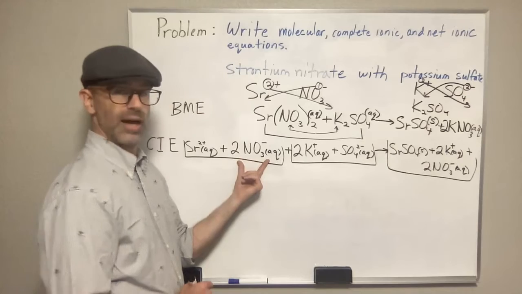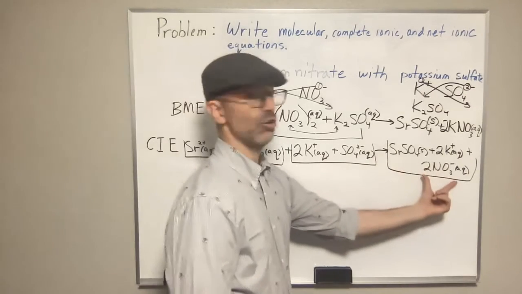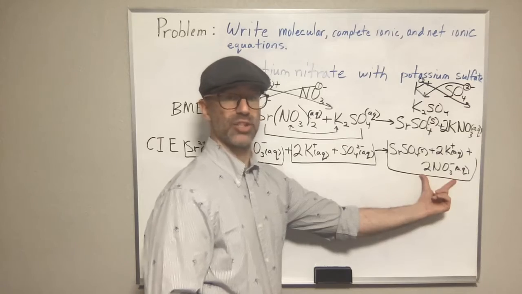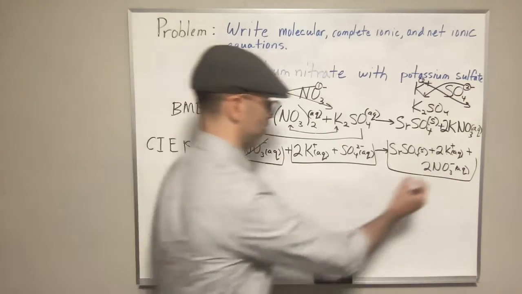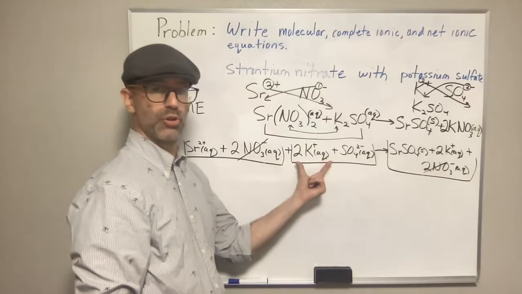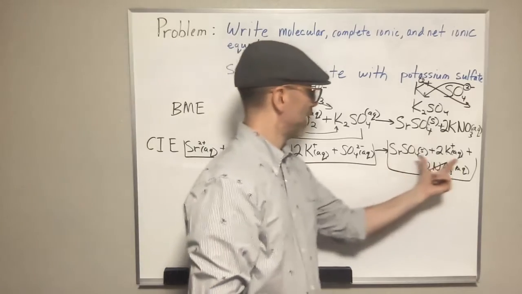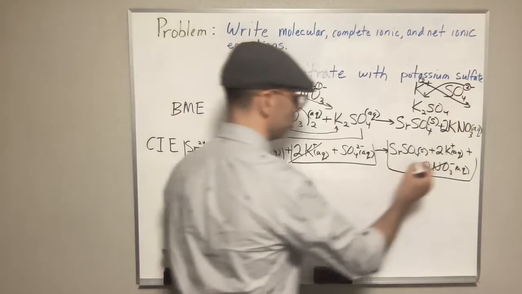But nitrate, I have two nitrates in the aqueous phase, and here I have two nitrates still in the aqueous phase, so that is a spectator. So we can get rid of our spectator ions. And the same thing with potassium. I have two potassium aqueous here, and I have two potassium aqueous here, so we can get rid of that.